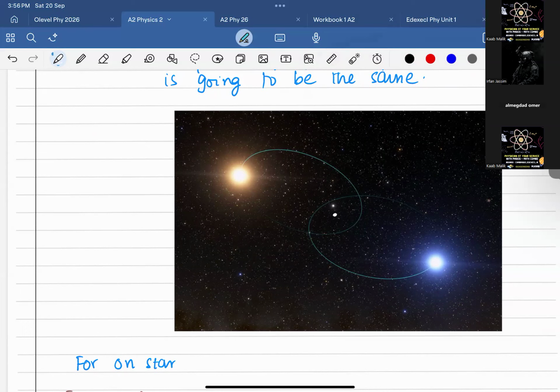The distance from the center of one of the stars to that point is, let's say, x, and let's say the whole distance between the two stars is L. Can you tell me this other distance? L minus x. Very good. And this is the common center.